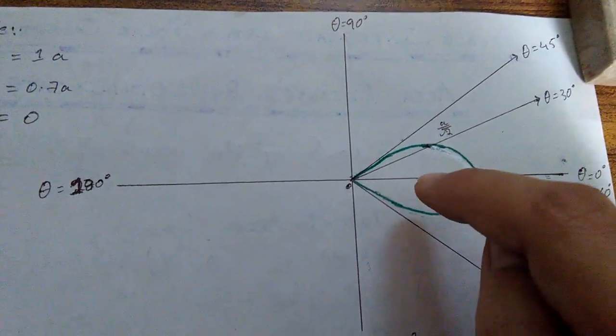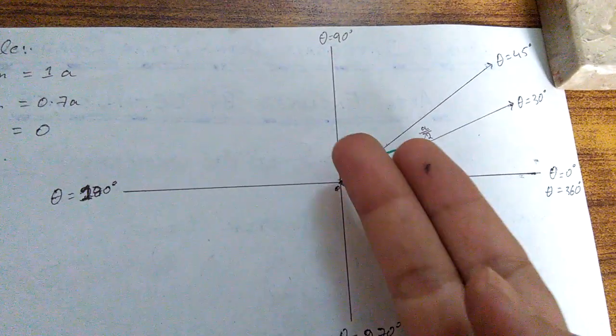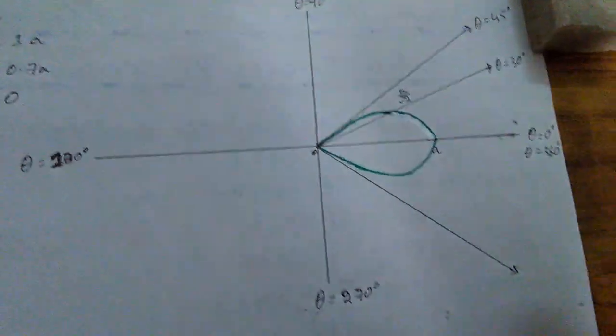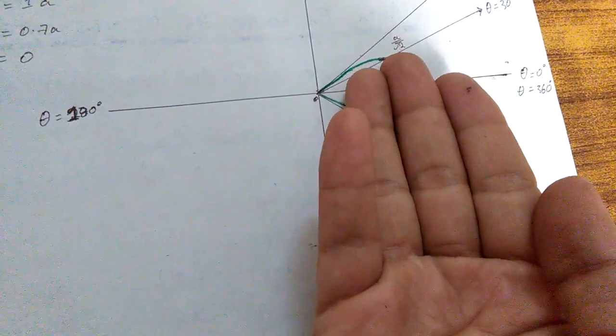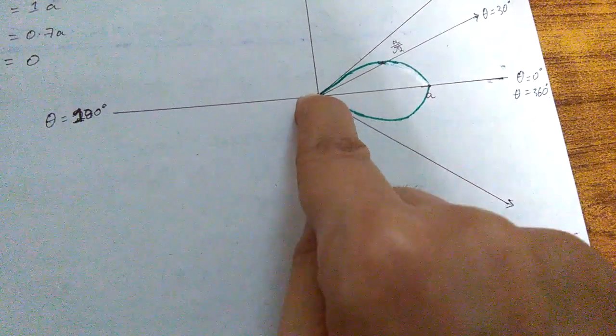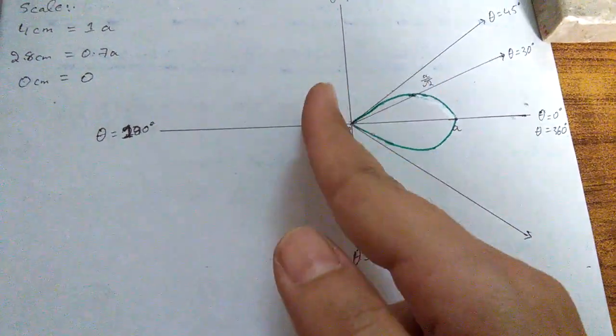Now, as this lemniscate is symmetrical with respect to the pole as well, if I try to turn this petal over here by pivoting its edge at the pole, then it is going to rotate like this.